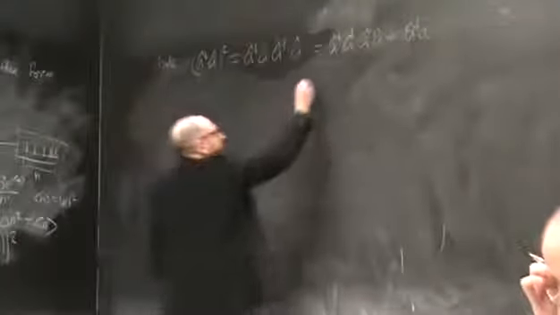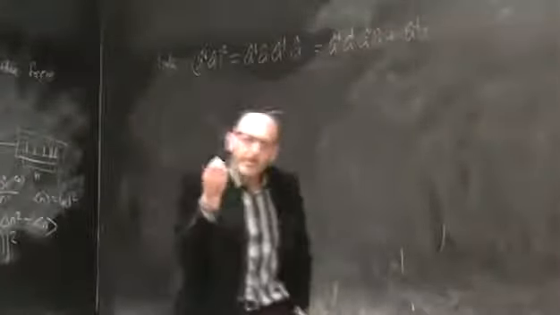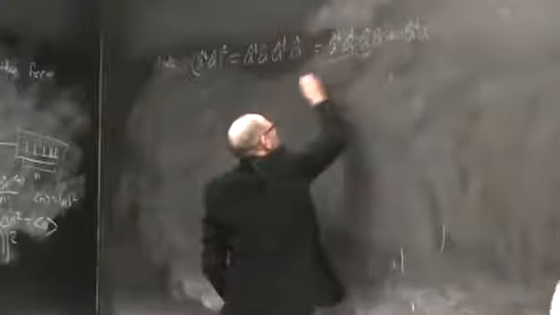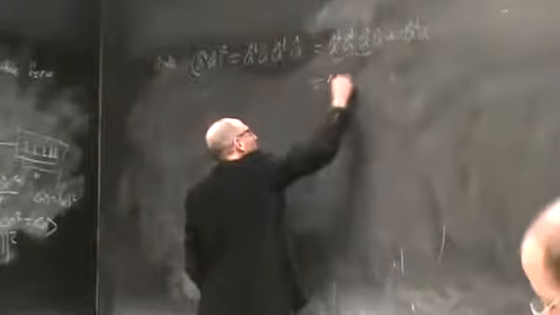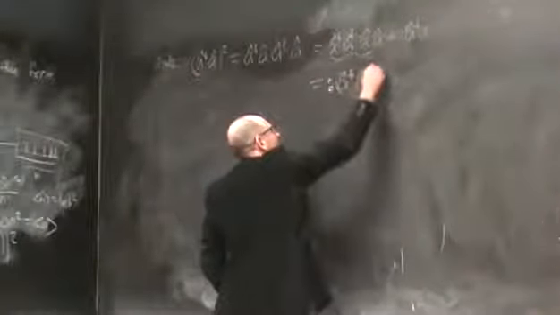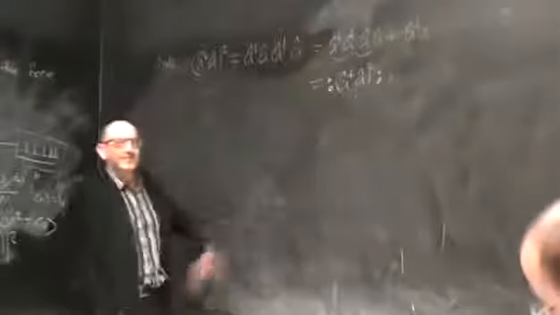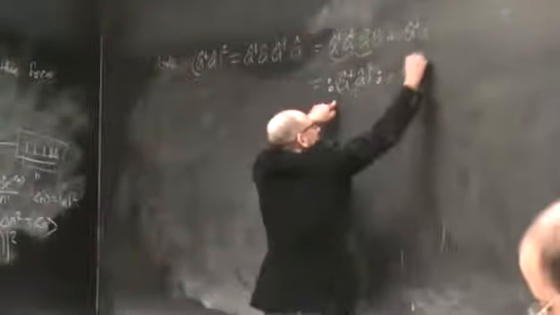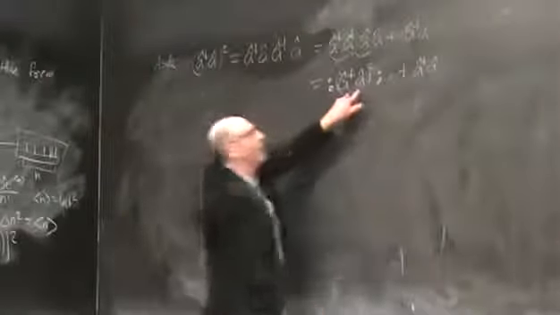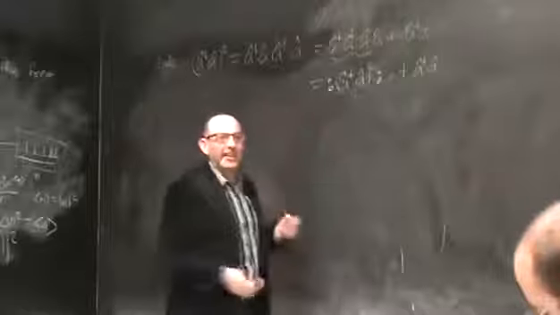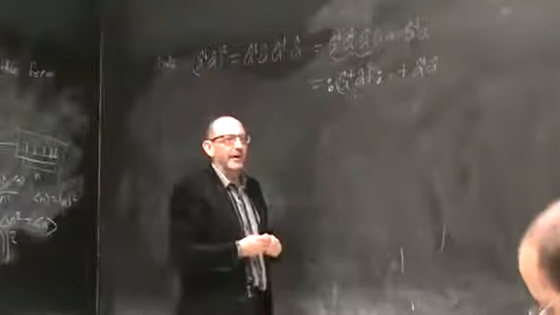Just to remind you of this somewhat confusing notation, this is what's often called the normally ordered. The double dot here means ignore the commutator and move all the A daggers to the left and all the A's to the right.